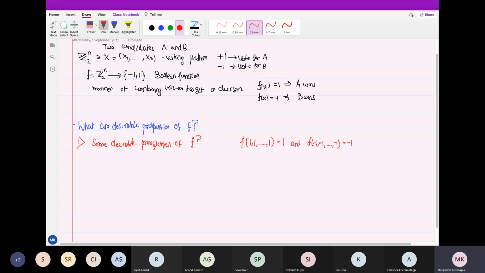If everyone agrees, then we say that f is unanimous. At least in the case where everyone agrees that they want a candidate, that decision should be the one that's accepted. So it's a very simple, desirable property, minimal. You would like such a voting pattern to have with the voting interpretation.